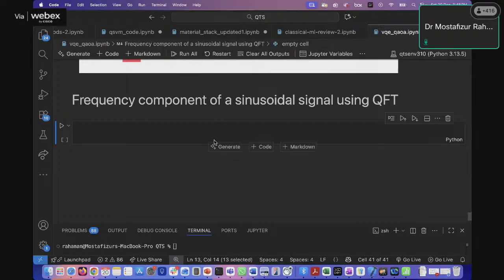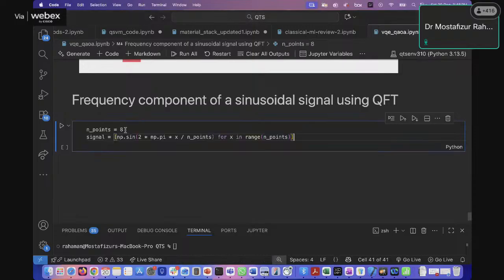Let's do this experiment. Suppose let's take 8 points, because this is fine with 3 qubits, but you can take any number of points in power of 2, 16, 32, or any higher number. So here let us take, for simplicity, the 3 qubit case. So 8 data points you can encode simply.